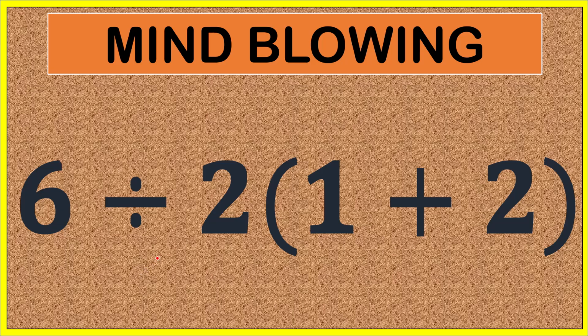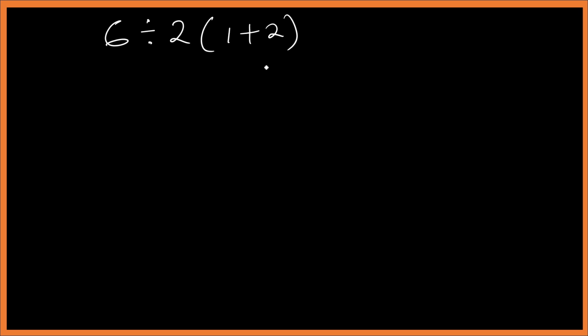So we have 6 divided by 2 parenthesis 1 plus 2. What we are going to do here is to add this.